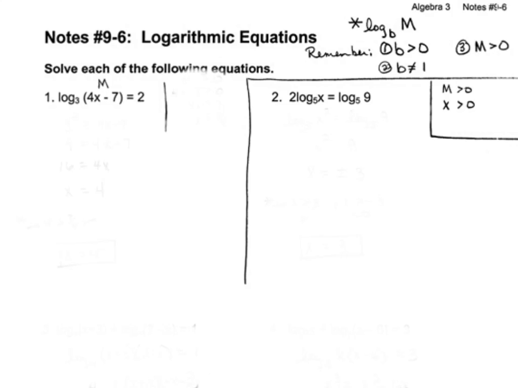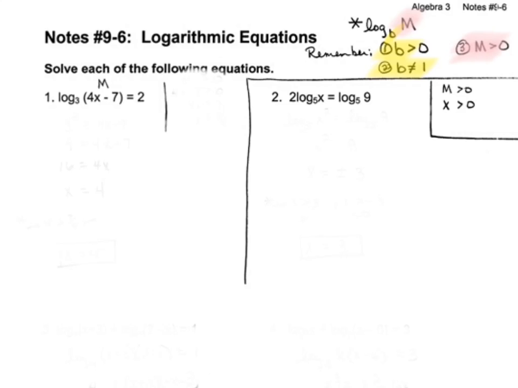Let me get my highlighter going. Right here, this b has to be greater than 0 and also not equal to 1. And then another key ingredient that you need to remember, and it's important, is this m piece.